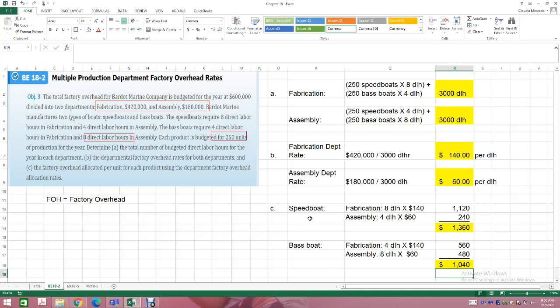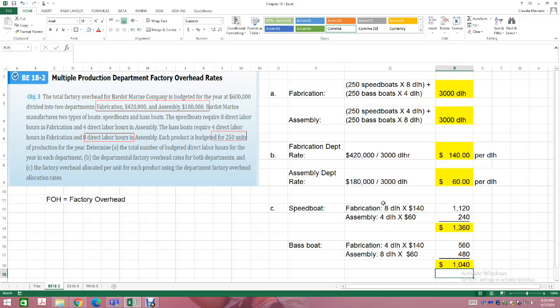This is per unit, for every speedboat or every bass boat. So we had to break them down between the 2 departments because every type of boat has a different number of hours that they spend in each department. Speedboat takes 8 hours in fabrication, 4 in assembly. The bass boat takes 4 hours in fabrication and 8 in assembly.